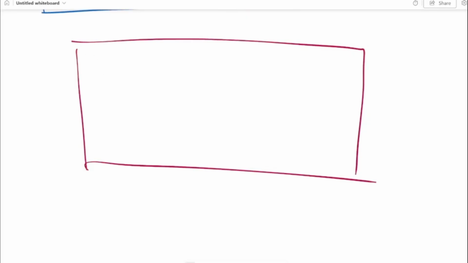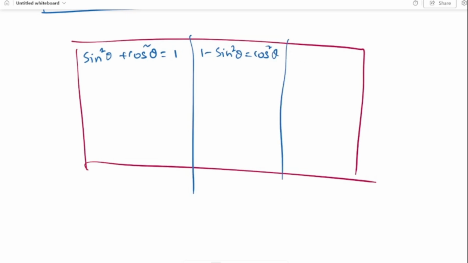Okay. First of all, the Pythagoras: sine square theta plus cos square theta equal to 1. I can rephrase this: 1 minus sine square theta equal to cos square theta. 1 minus cos square theta equal to sine square theta. Remember this. Okay.